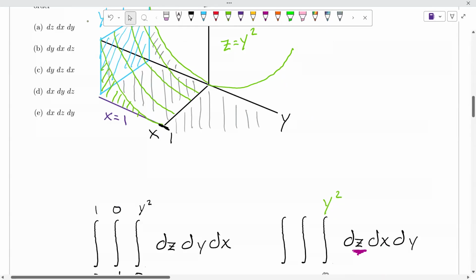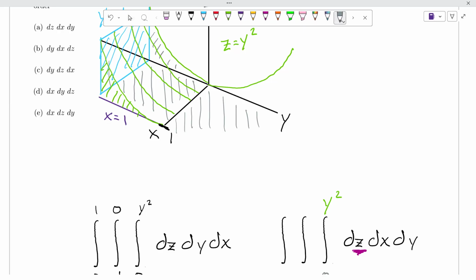After that, I want to go do dx second. And a couple of thoughts. One is I could just continue looking at this 3D graph in order to come up with my secondary bounds. I think it's not too bad on this one.